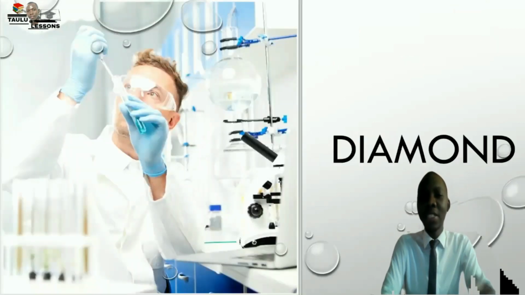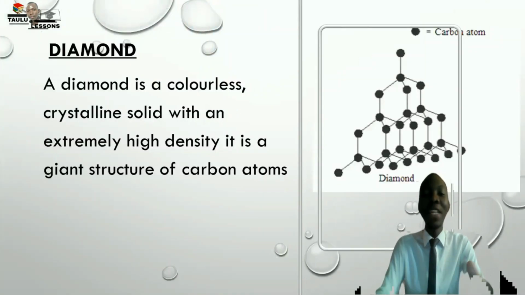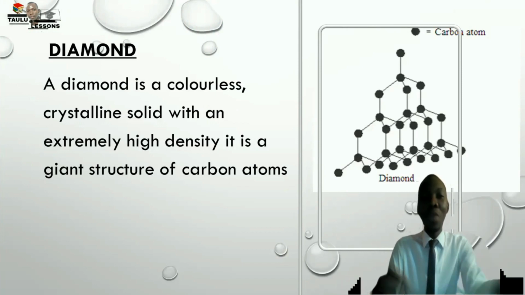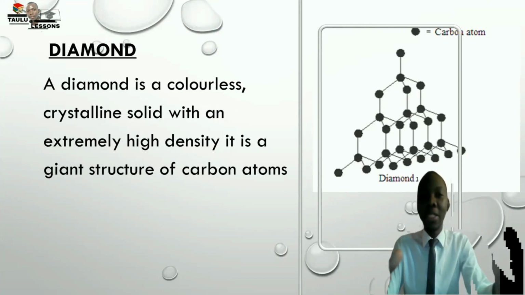The other one is a diamond. So carbon also exists in the form of a diamond. Now, we will discover that allotropes have different properties. It's the same element, but they look different and they have different properties.